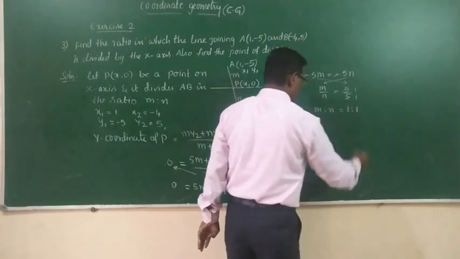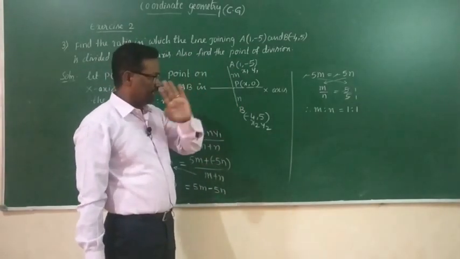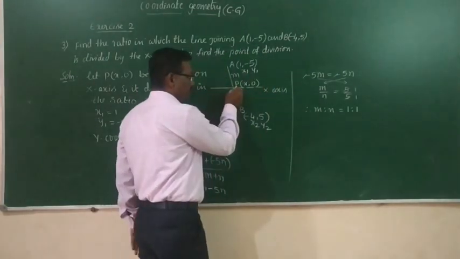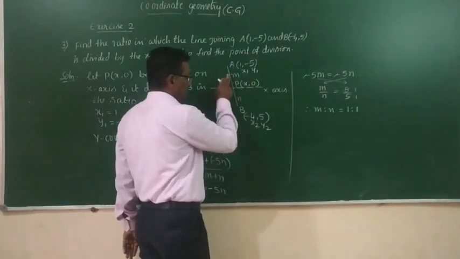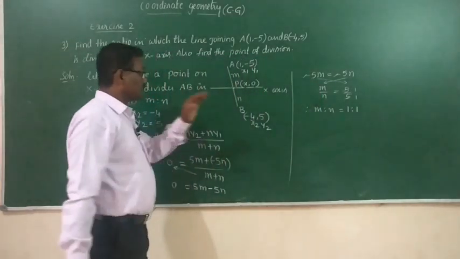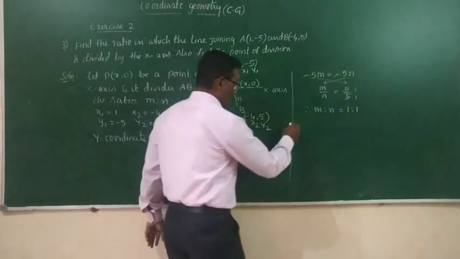Whenever the ratio becomes the same, the section point becomes the midpoint. Therefore, P is a point on the x-axis and it divides AB in the ratio 1:1.